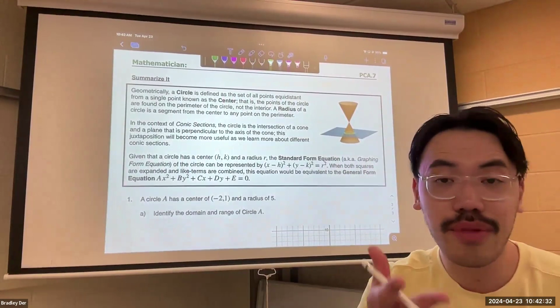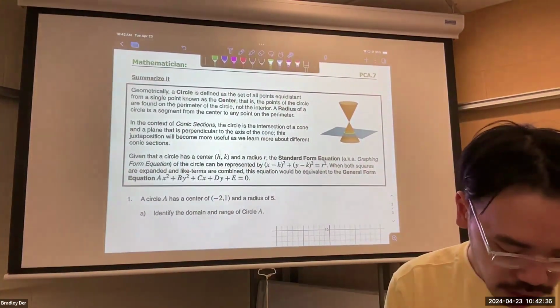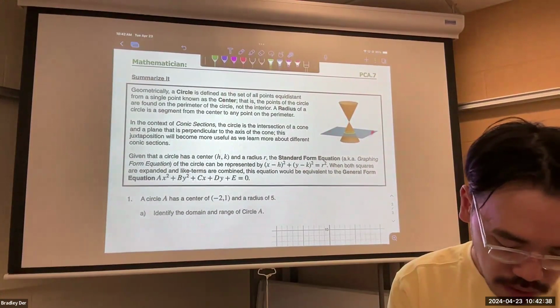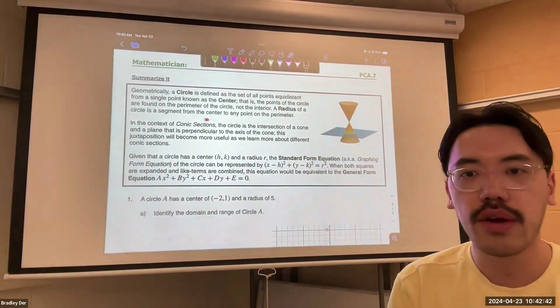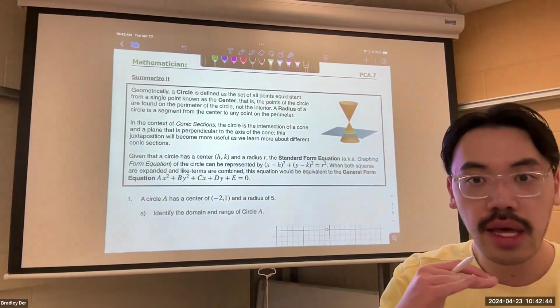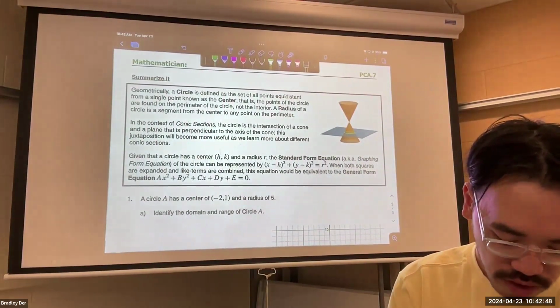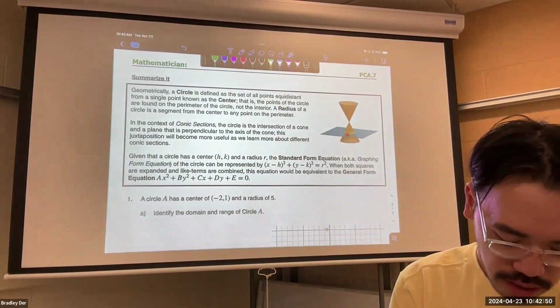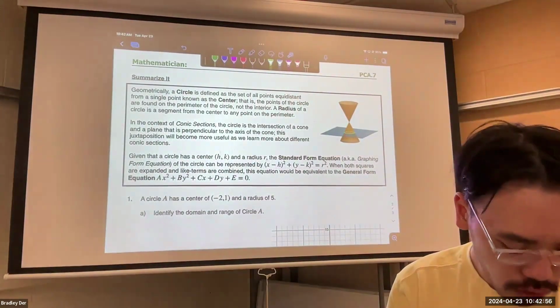If you're rusty on it, please read the definition and get that down, but I'm going to trust that you have that down. This blue panel is indicating what I had alluded to earlier. When you talk about conic sections, we're talking about literally the intersection of a cone. You see that the plane cuts directly across the cone, and that intersection, or the set of points for the intersection, creates a circle.